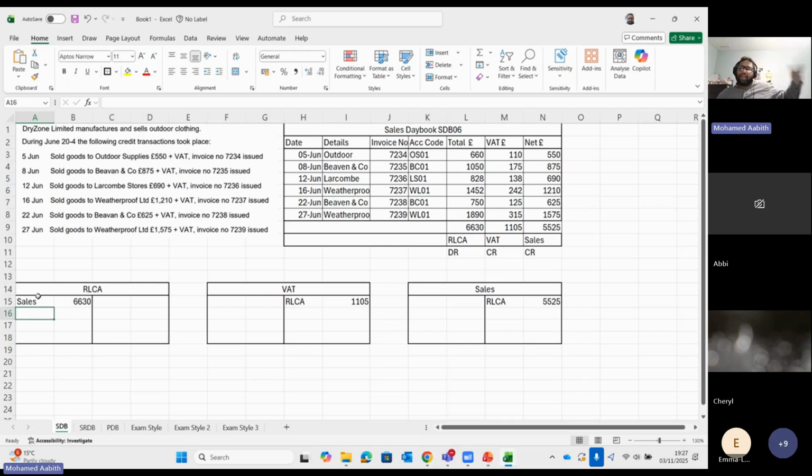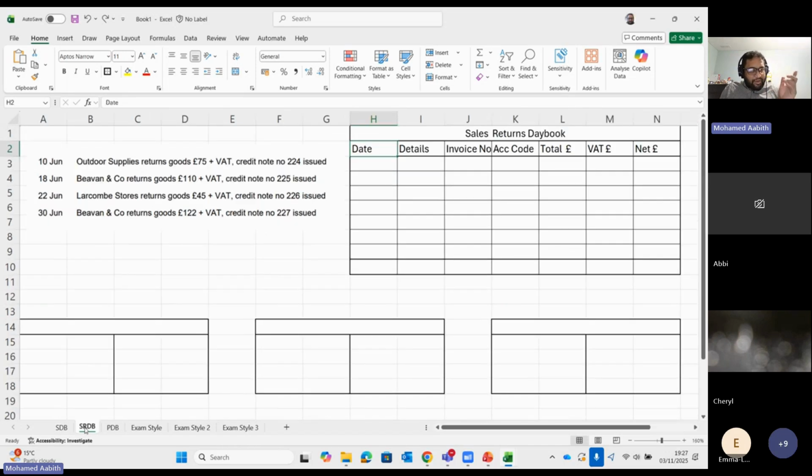Remember, if I put capital in the bank of £5,000, we say bank debit 5,000, capital credit 5,000. But we write individual accounts opposite names on the details. But in this scenario, we're not doing it that way. We are doing it with the name of the daybook. So your double entry means we are referring to a daybook where this data originated from. So this is how you enter a daybook.